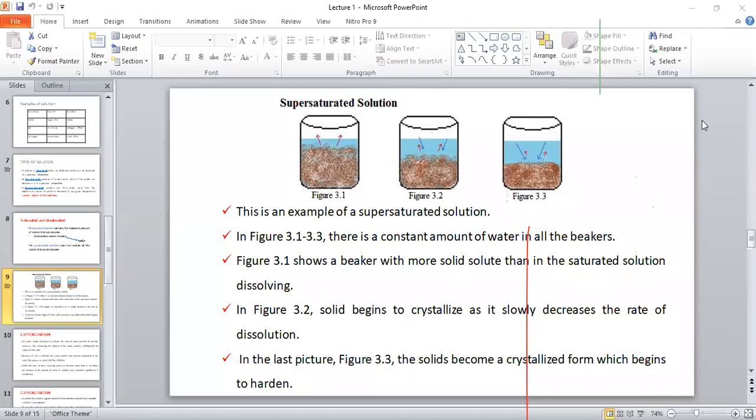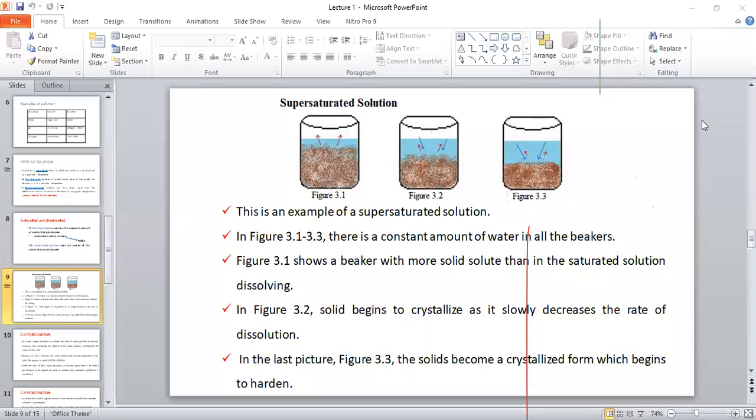So here, we have 3 containers, let's say 3 beakers, having equal amount of water. In this case, water is the solvent. And then figure 3.1 shows a beaker with more solid solute than in the saturated solution that is dissolving.